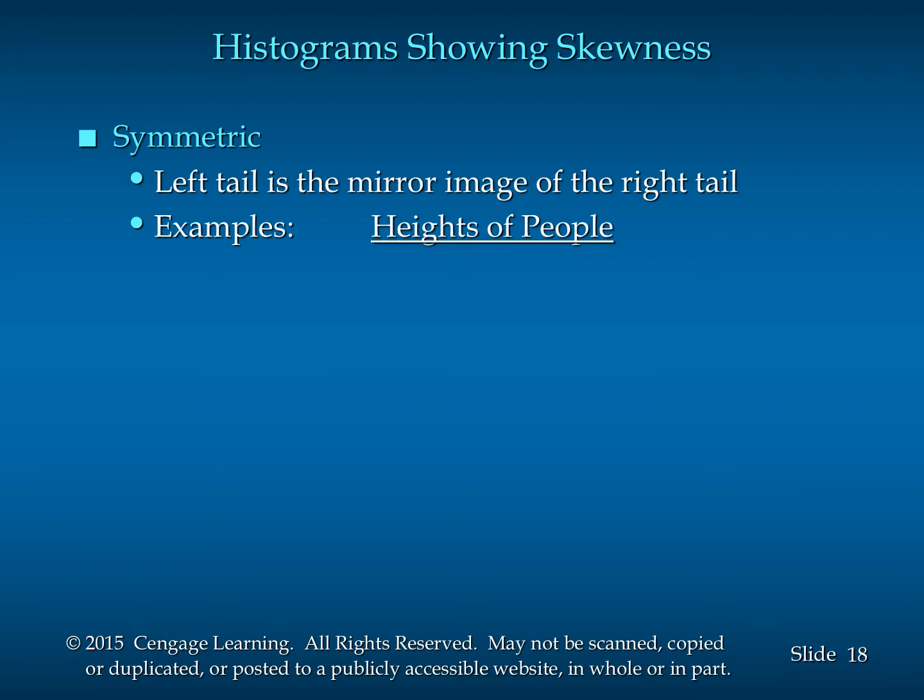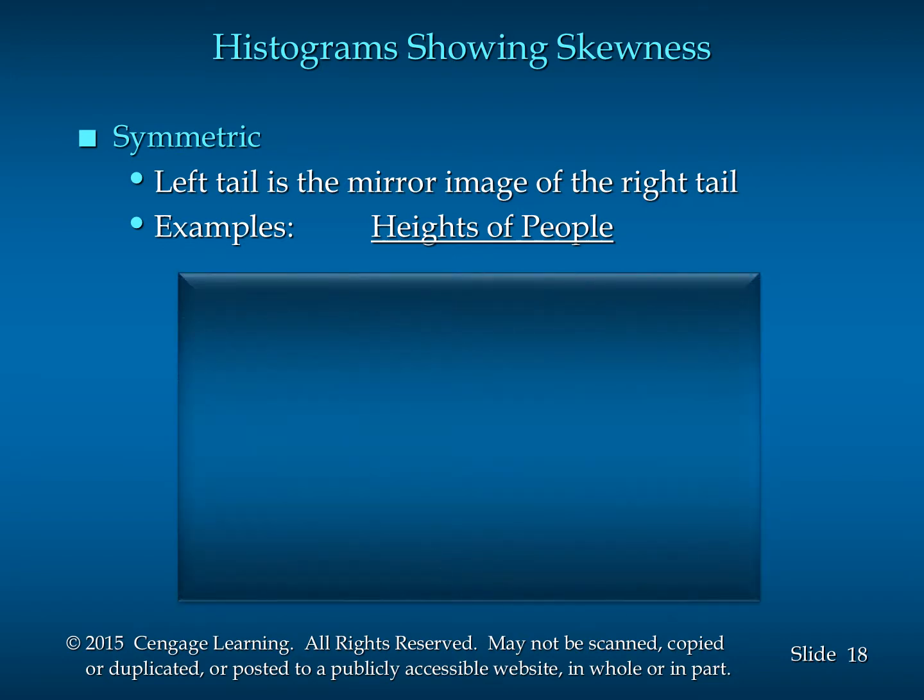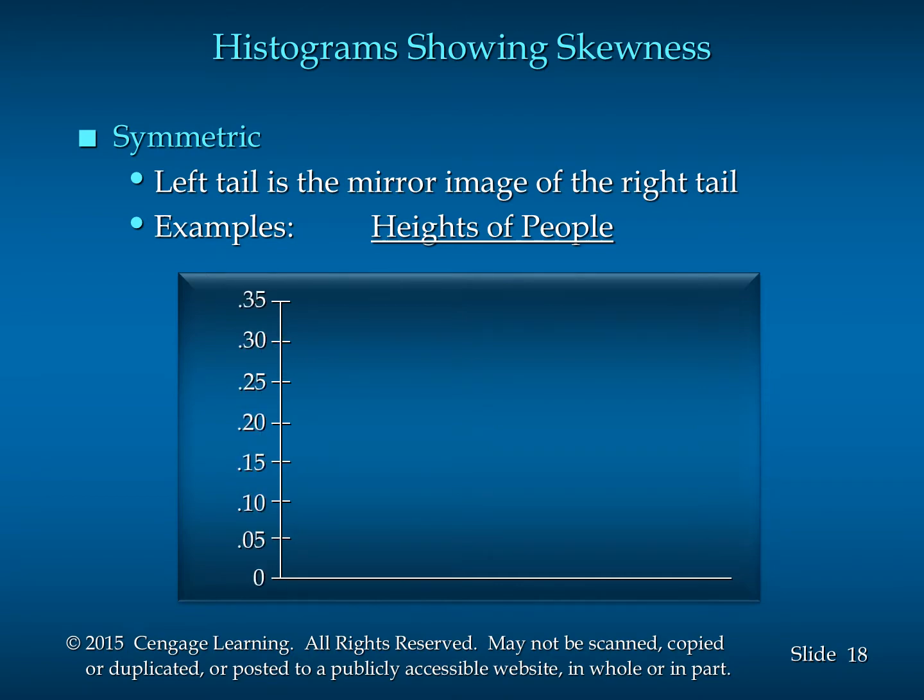A histogram can show if the data is symmetric or skewed. Symmetric data will appear to be nearly mirror image to the left and to the right of the center.